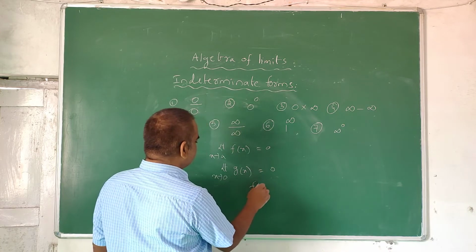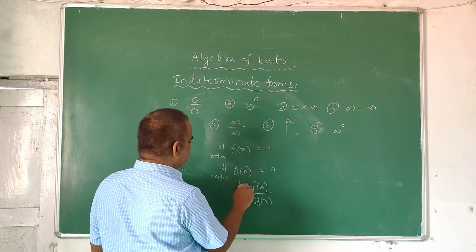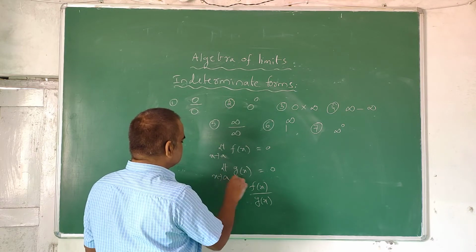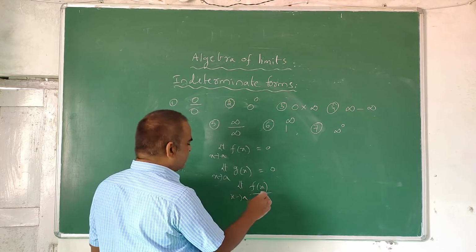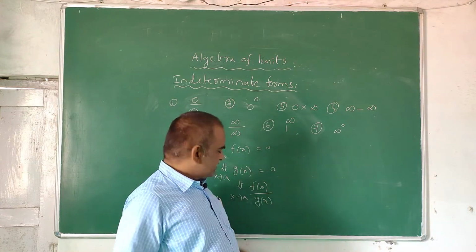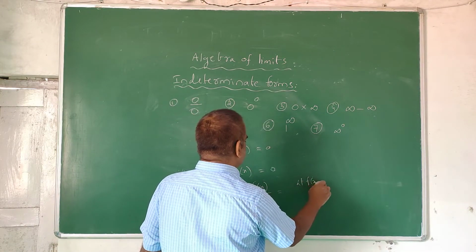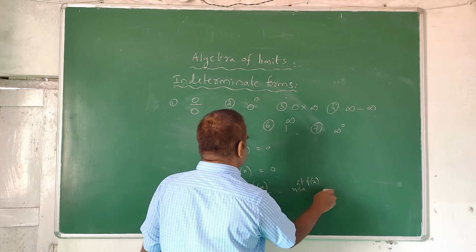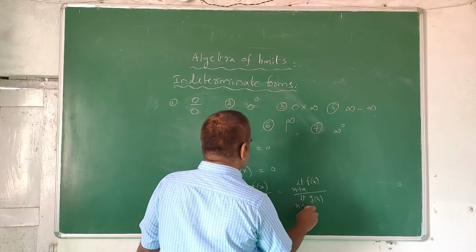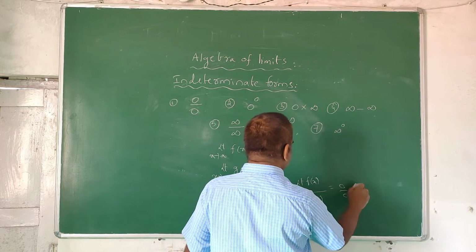Then the limit of f of x by g of x as x tends to a, if you use this property, is the limit of f of x by the limit of g of x, which equals 0 by 0, an indeterminate form.